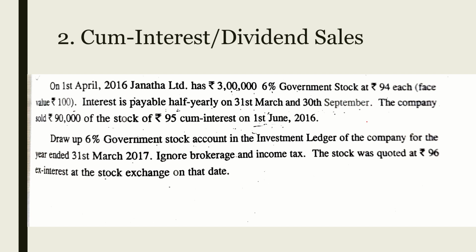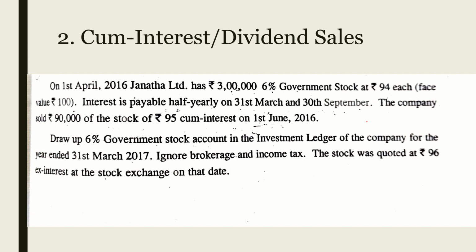On 1st April 2016, Janata Limited has 3 lakh 6% government stock at 94 each, face value is 100. In the earlier question it was Surya Limited purchased, because that was the situation of purchase. Here they mention Janata Limited has, so it means it has an opening balance of rupees 3 lakh.